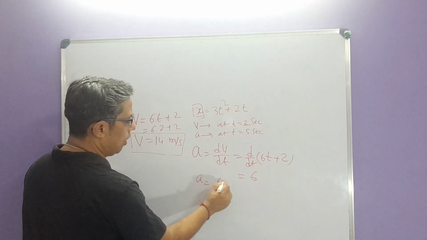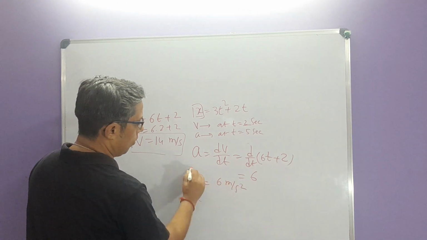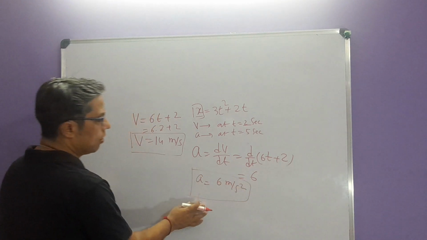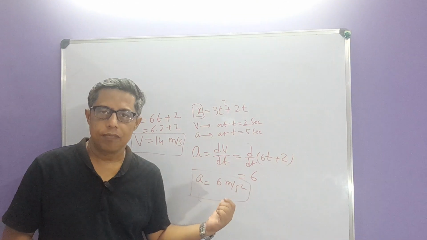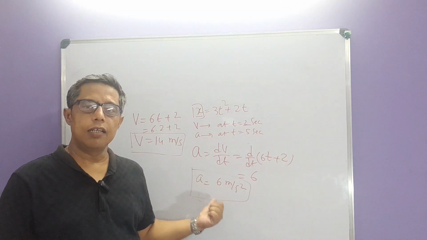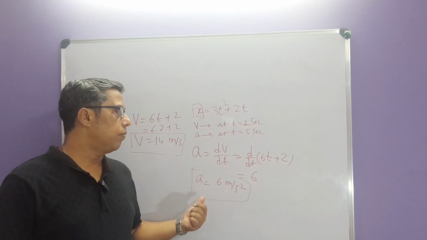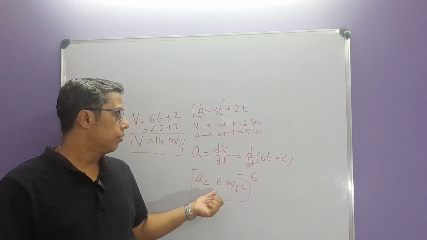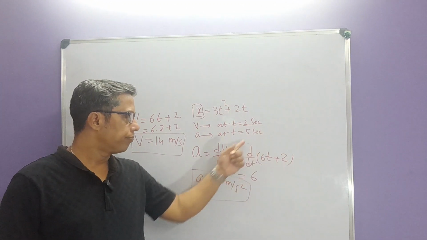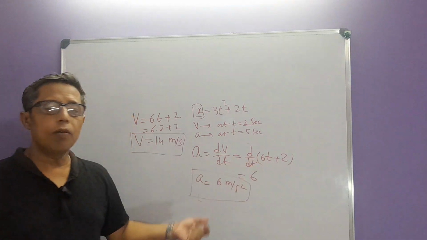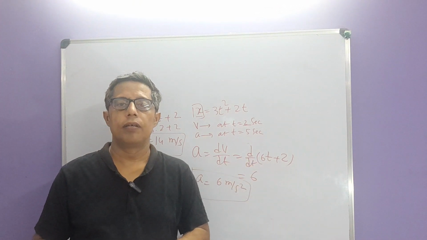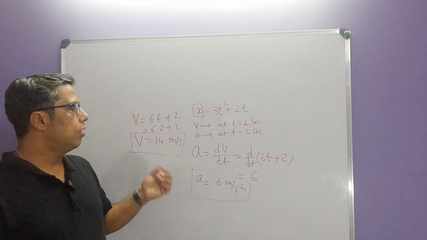Acceleration is equal to 6 meters per second square. So acceleration is constant. It does not depend on time, whatever the time, right? Because d/dt of t is 1, fine.